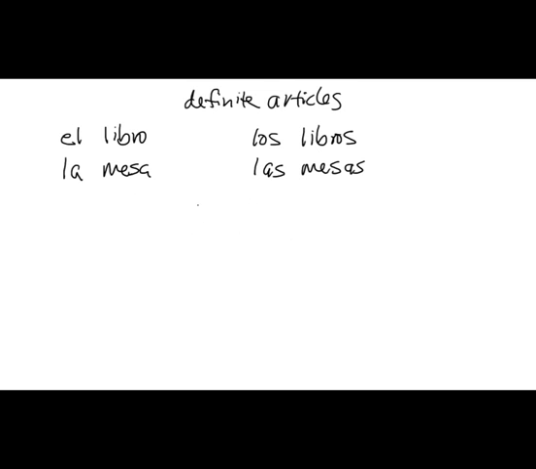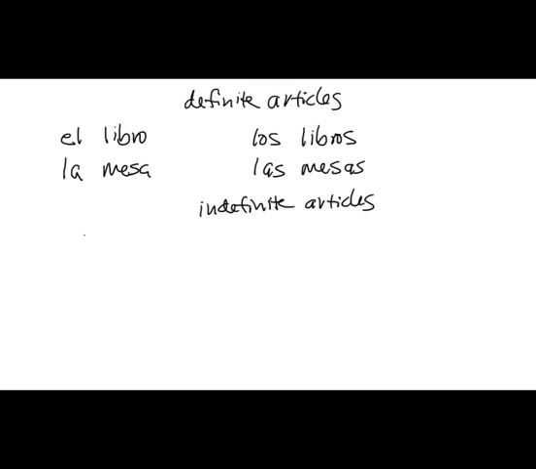We also have, of course, what we call indefinite articles. These refer to an indefinite noun. In English, the indefinite articles are a or an, and some. We have a book, some books. A table, some tables.